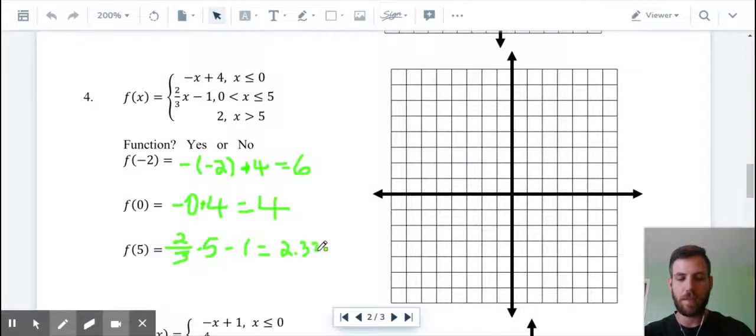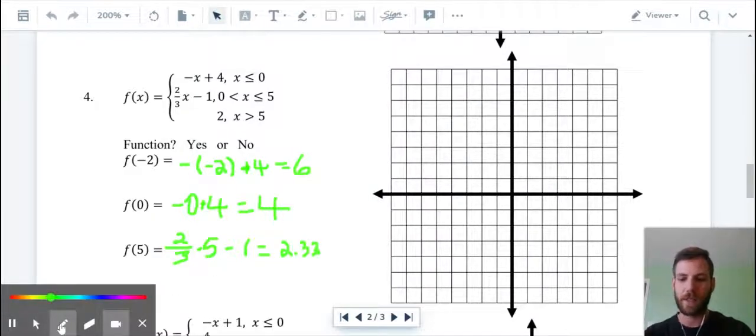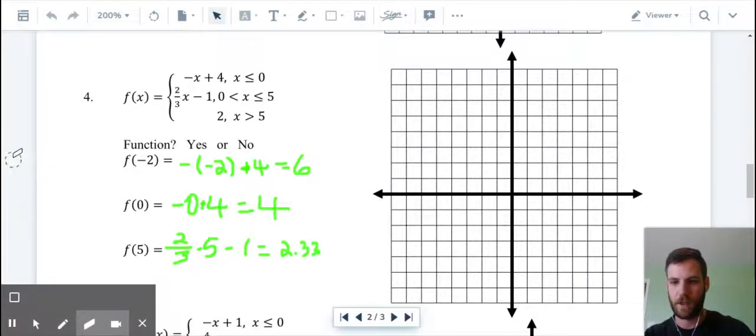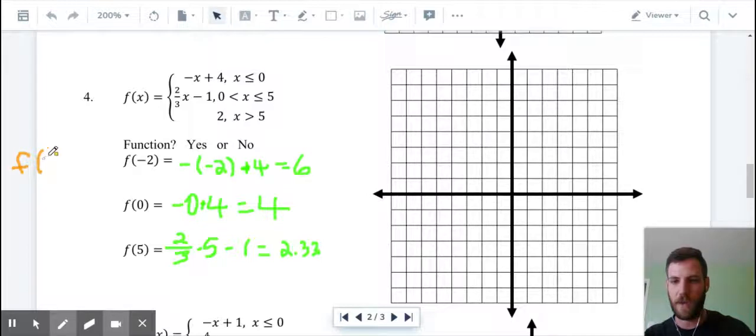The problem is not up here, but something we want to consider really quick is this final equation down here. Say we were asked, use a different color, something like f of 3. No, not f of 3.